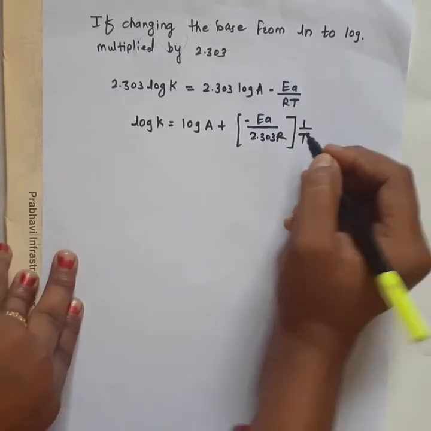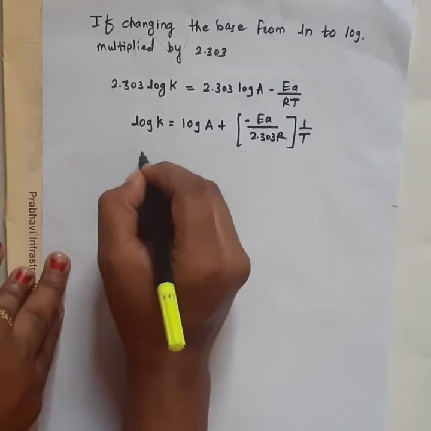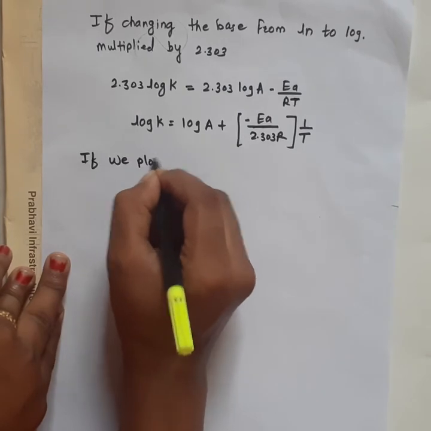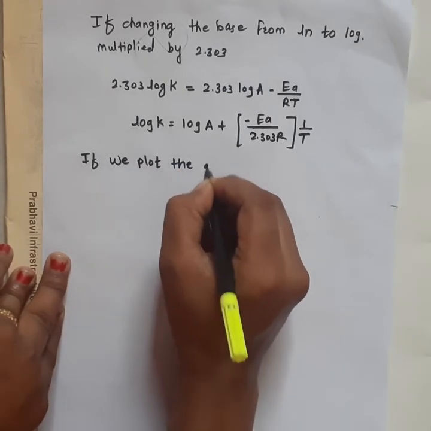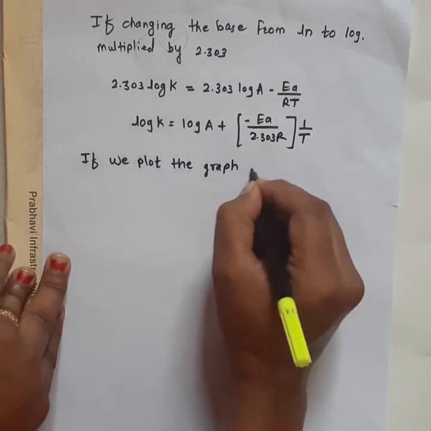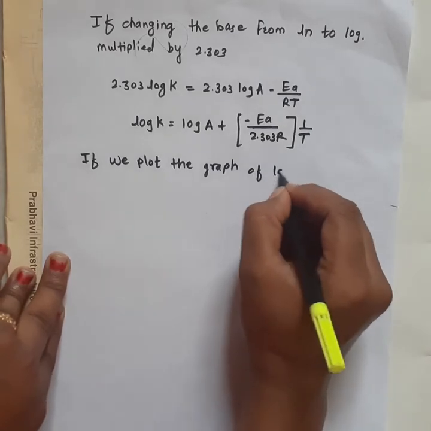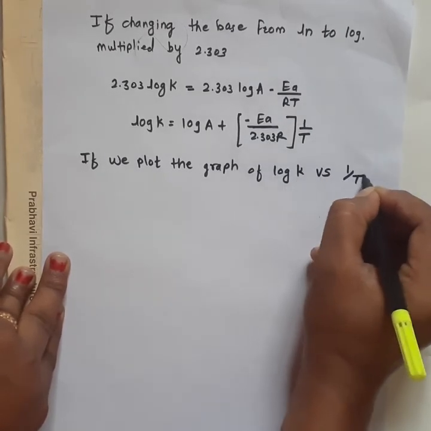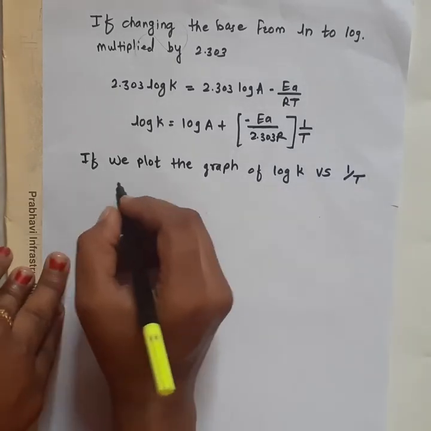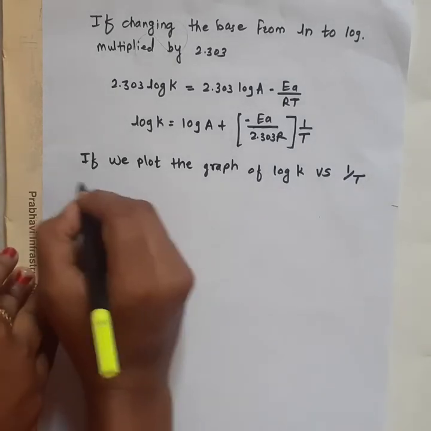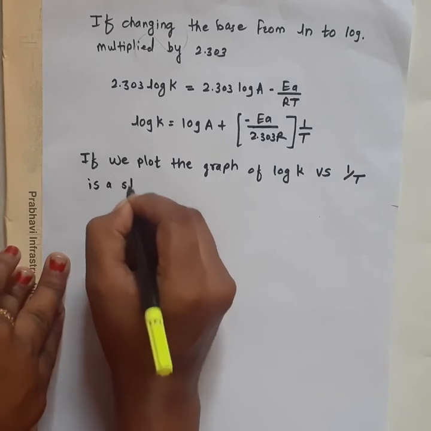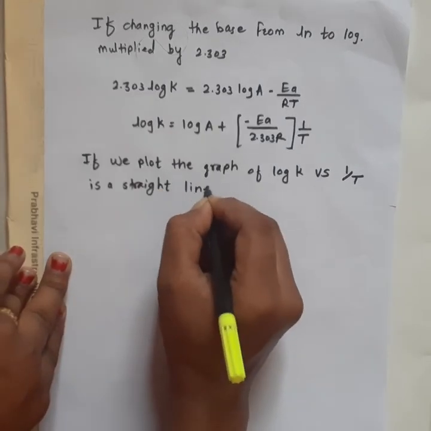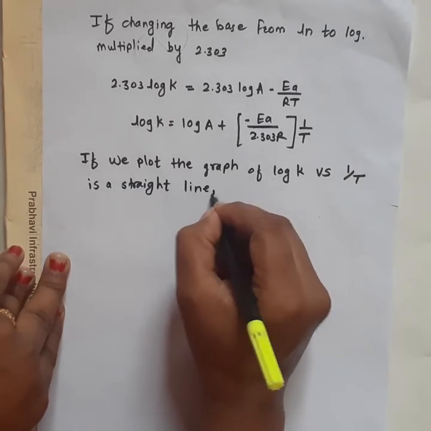Therefore if we plot the graph of log k versus 1 upon T, we get a straight line.